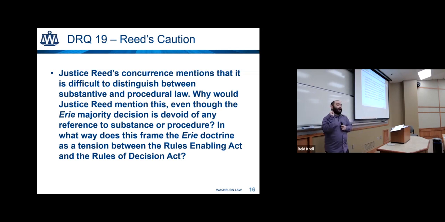Okay. And what rules of procedure do federal courts apply under the Swift regime? State. Exactly right. You may or may not have picked this up, but there's actually a separate statute, separate from the Rules of Decision Act, called the Conformity Act, that requires federal courts to use the rules of procedure of the state in which they sit.